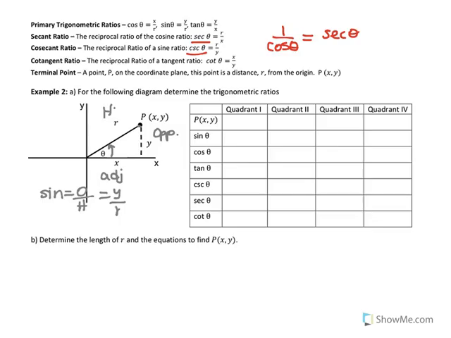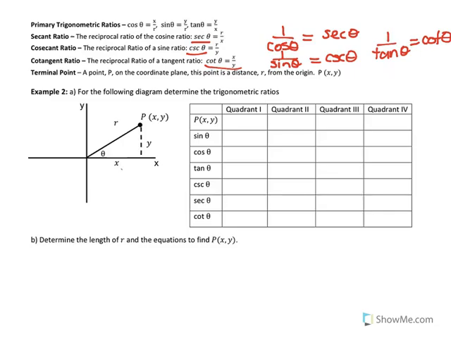Our cosecant is very similar to sine, so it's 1 over sine theta, and that makes my cosecant theta. And our cotangent theta is x over y, and it's 1 over tangent theta. So those are our new trig ratios. So let's fill out some of this info over here.